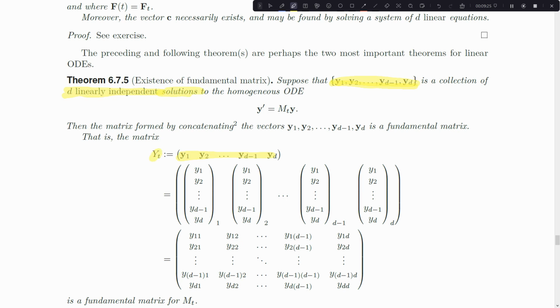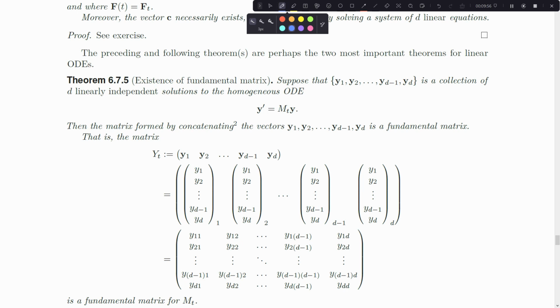This is just like the matrix which diagonalized m, but now we're doing a slightly different step. We're not really diagonalizing m, we're finding the fundamental matrix for m in some sense. All I do is put my d linearly independent solutions right next to each other, and I get this big matrix, but that matrix will in fact be a fundamental matrix. That's a very important theorem, because what does it say?